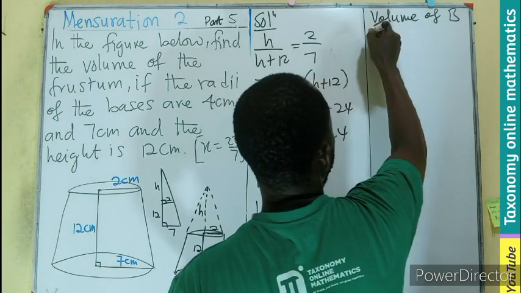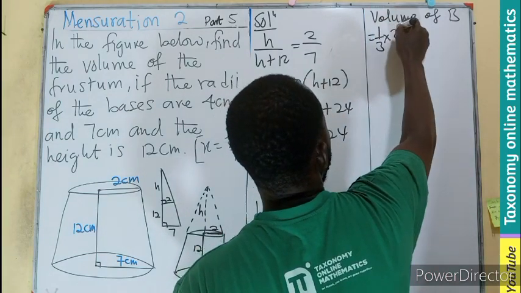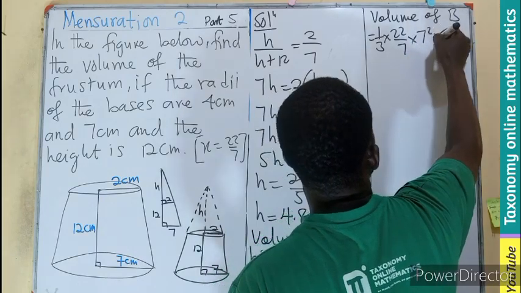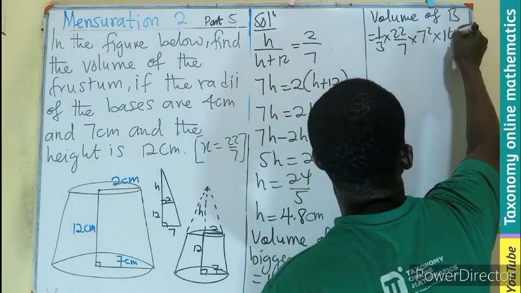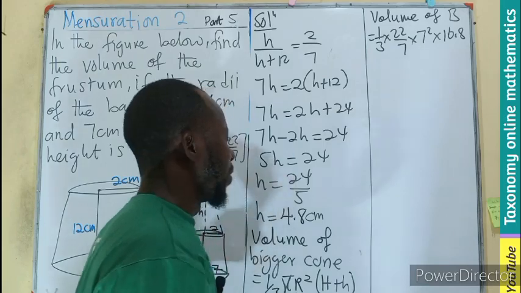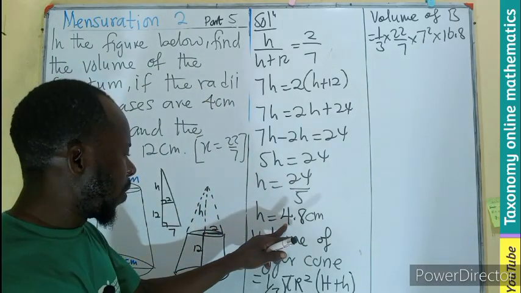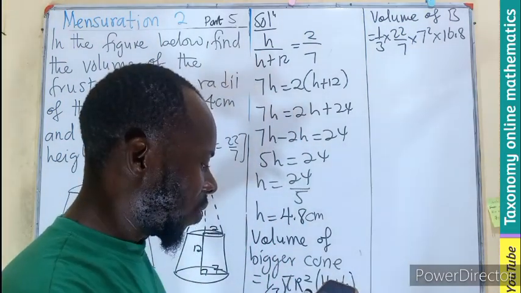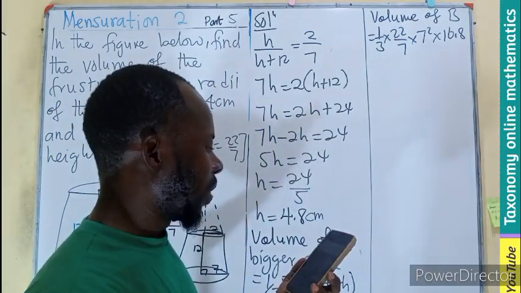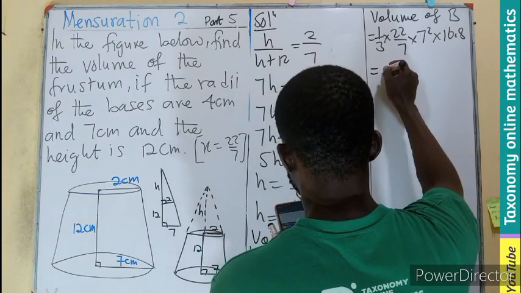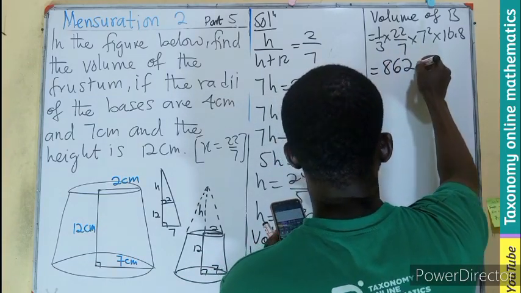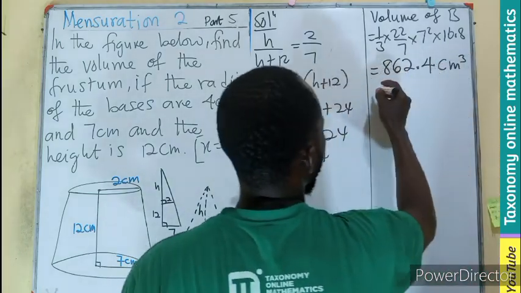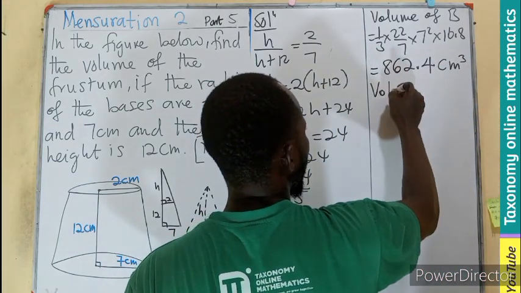Volume of big will be equal to 1/3, 22 times 7 squared times 16.8. So let's compute that on our calculator, and that will give us the volume to be 862.4, still centimeter cube.